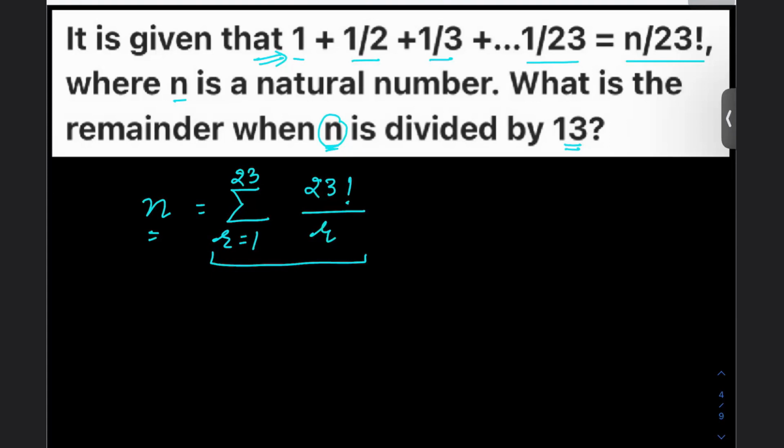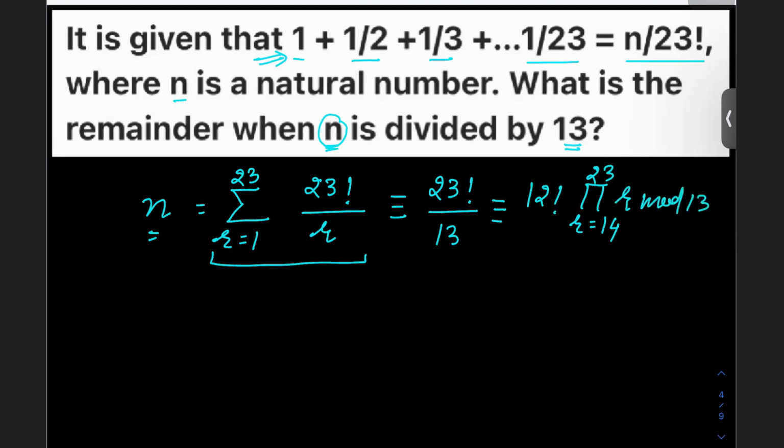So we can write that n is congruent to 23 factorial upon 13, which is the same as 12 factorial into the product of r from 14 to 23 of r, modulo 13.